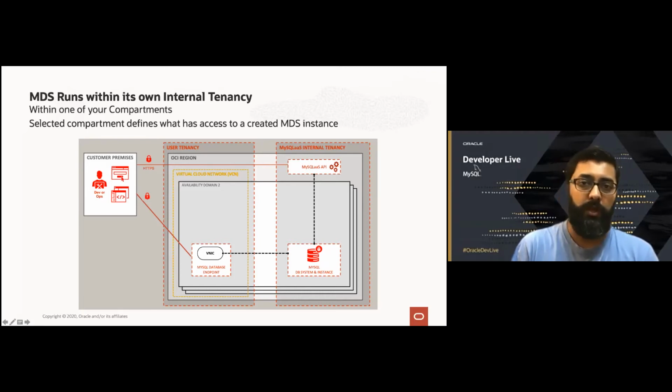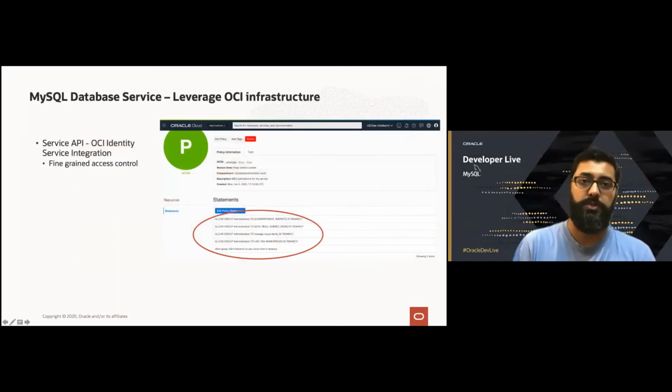There are only two ways to get access: through the MySQL service APIs, the REST APIs, or the console, which will execute certain workflows on the database server using a software agent, or for the customer, through an SQL connection through the port that is exposed for the MySQL instance. These are the only two ways. There is no other way to access the server on which the MySQL server is running.